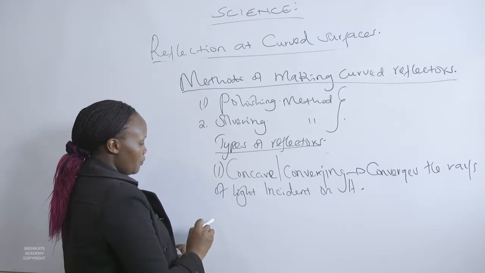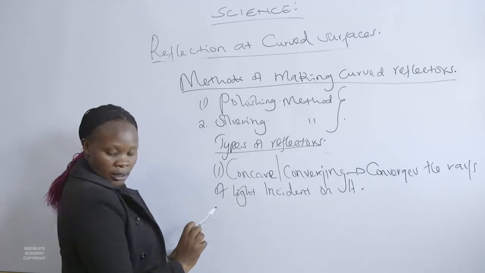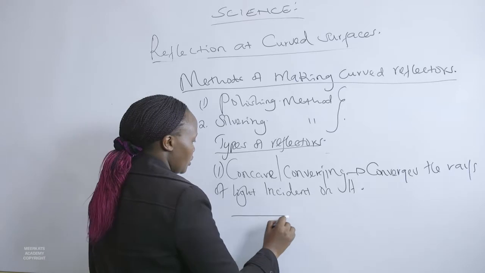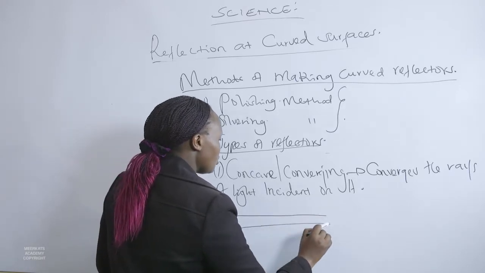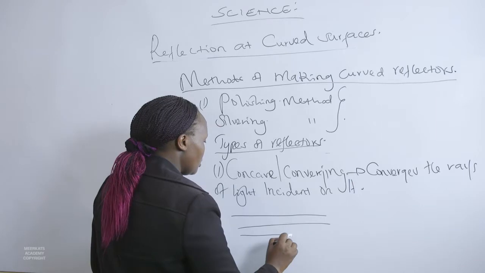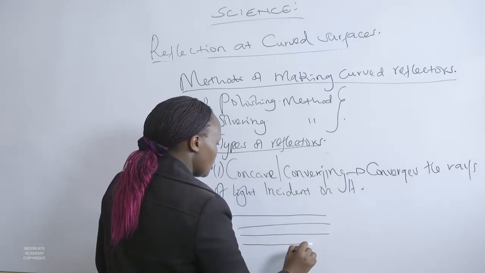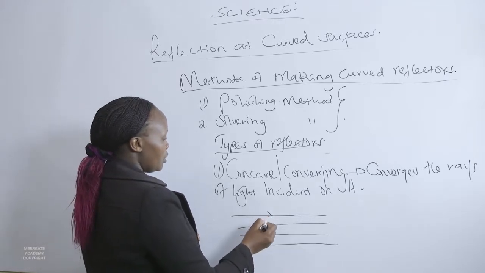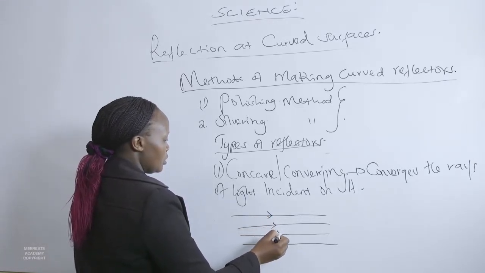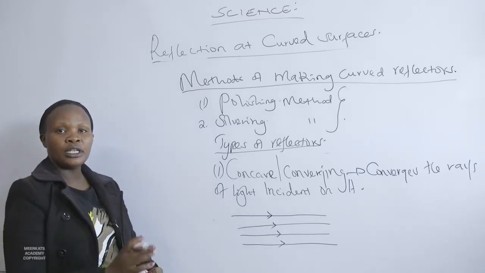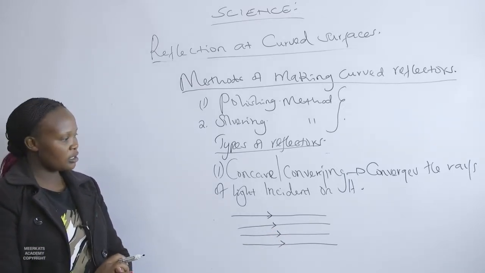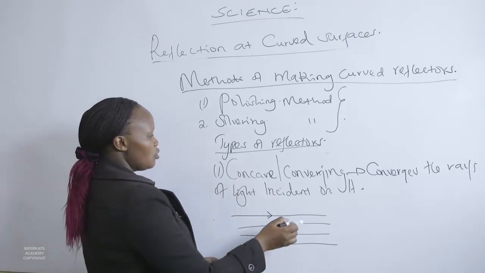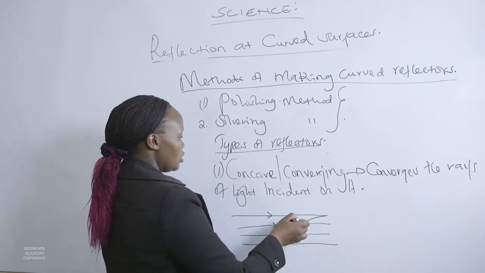For example, if you had a beam of light, which is actually parallel like that, incident on it, upon reflection by this our converging surface, they will actually converge.